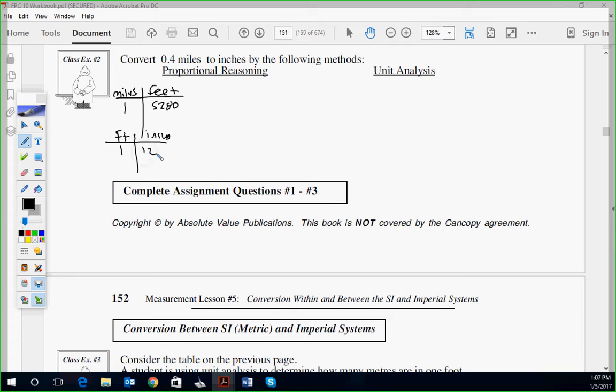So we're going to do 1 over 0.4 equals 5280 over x.